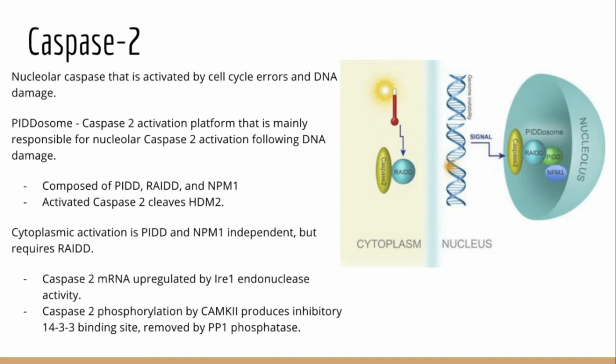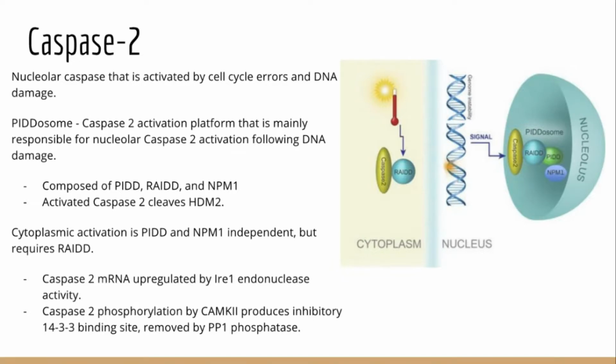So PIDD and RAIDD form the CARD domain, or the caspase recruitment domain, and NPM1 is somehow responsible for directing caspase-2 to the PIDDosome. Because recent research by Ando et al., just published in 2017, found that caspase-2 nucleolar activation requires NPM1 and also PIDD. So we have these three main proteins involved in nucleolar caspase activation: PIDD, RAIDD, and NPM1.